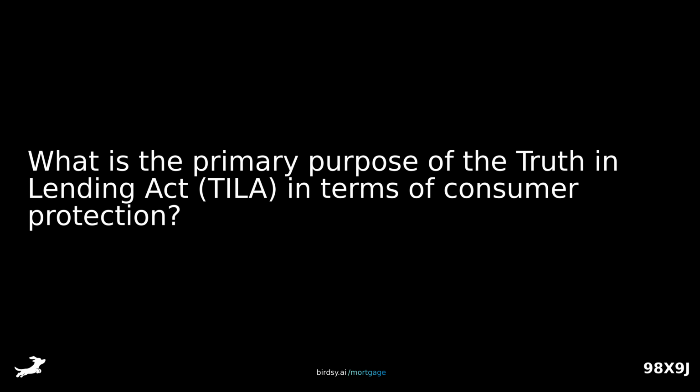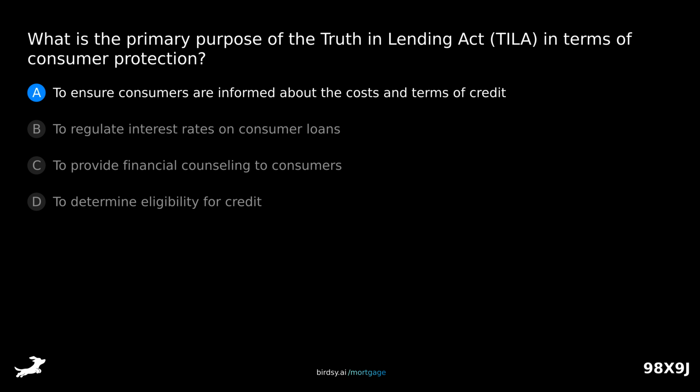What is the primary purpose of the Truth in Lending Act in terms of consumer protection? Is it A, to ensure consumers are informed about the costs and terms of credit, B, to regulate interest rates on consumer loans, C, to provide financial counseling to consumers, or D, to determine eligibility for credit?